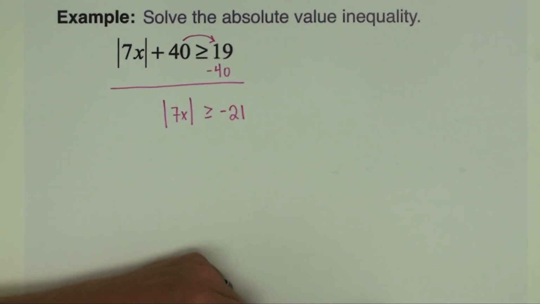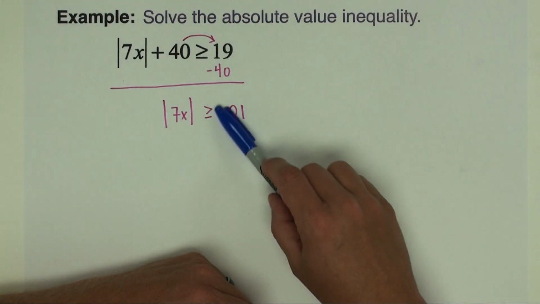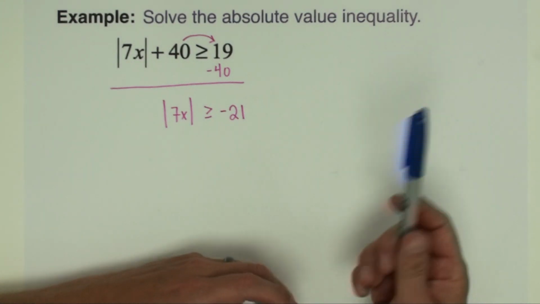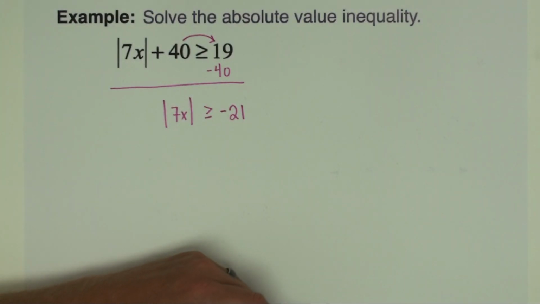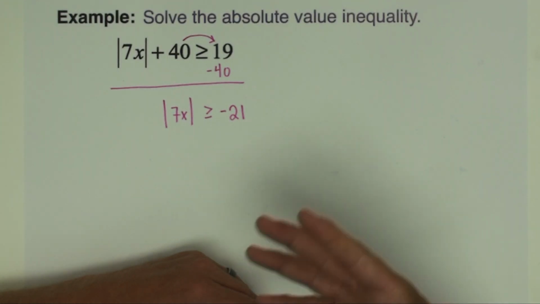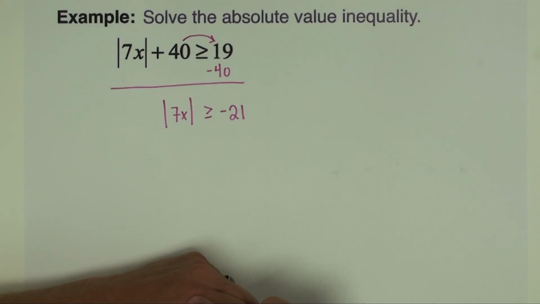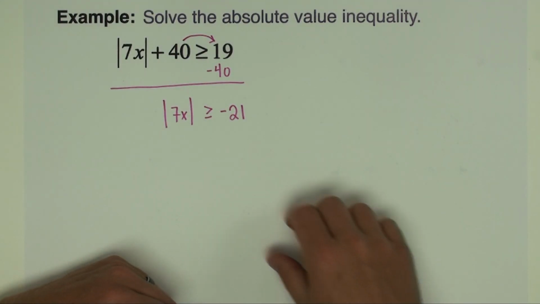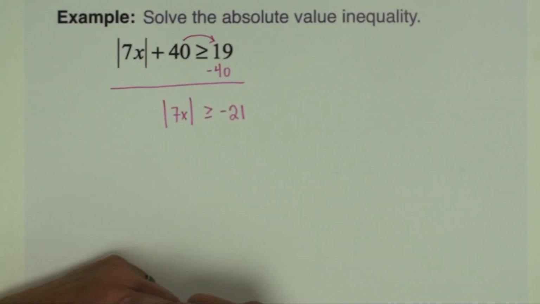Now when we did absolute value equations, when we got negative numbers like this and the absolute value by itself, we ran into problems and we weren't able to solve those equations. But with inequalities, you can, and you need to play this out all the way to the end. We need to go ahead and solve this like we would and not worry about the fact that we have a negative right now.